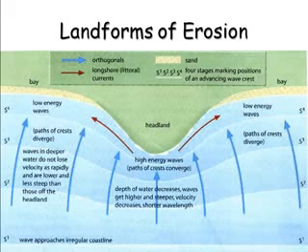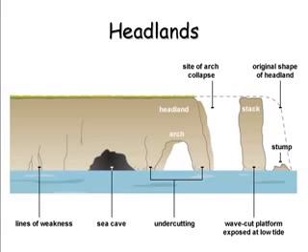So, once headlands are exposed to these higher energy waves, where the paths of the crests, the orthogonals, actually converge, they tend to follow a very characteristic sequence of erosion through different types of landforms. Thing to bear in mind is they're not just being attacked from the front, but as the paths of the crests are converging, they'll actually start to erode from the side as well, which is how we're looking at this headland from the side on.